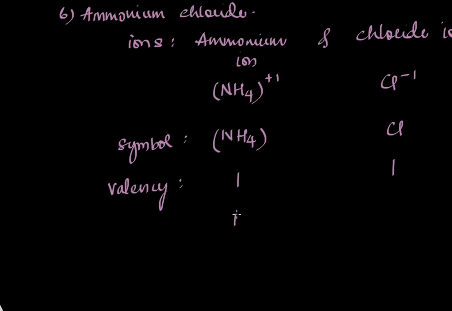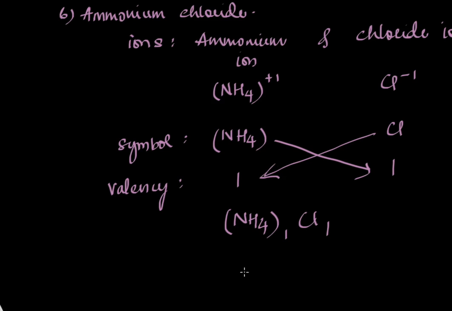I will go ahead and write down the formula by using the crisscross method. I'll keep NH4 together, and at its base I'm going to write down 1. Then I will write Cl, and at its base I'm going to write down the number 1, which is the valency for ammonium ion. So you've got NH4Cl. This is the formula for ammonium chloride.